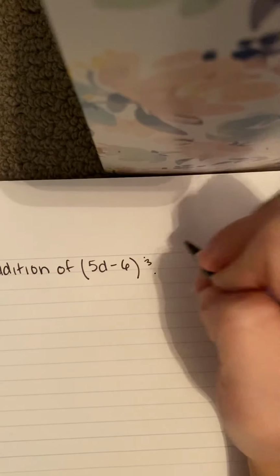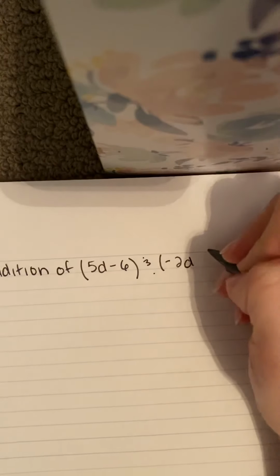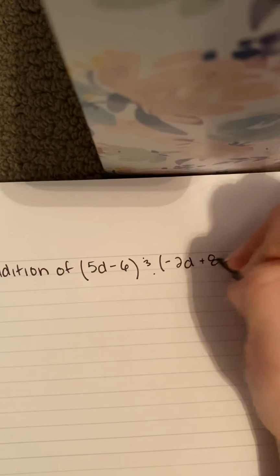So the first thing I'm going to do is write down the problem on the paper. So it is 3a, the addition of 5d minus 6 and negative 2d plus 8.